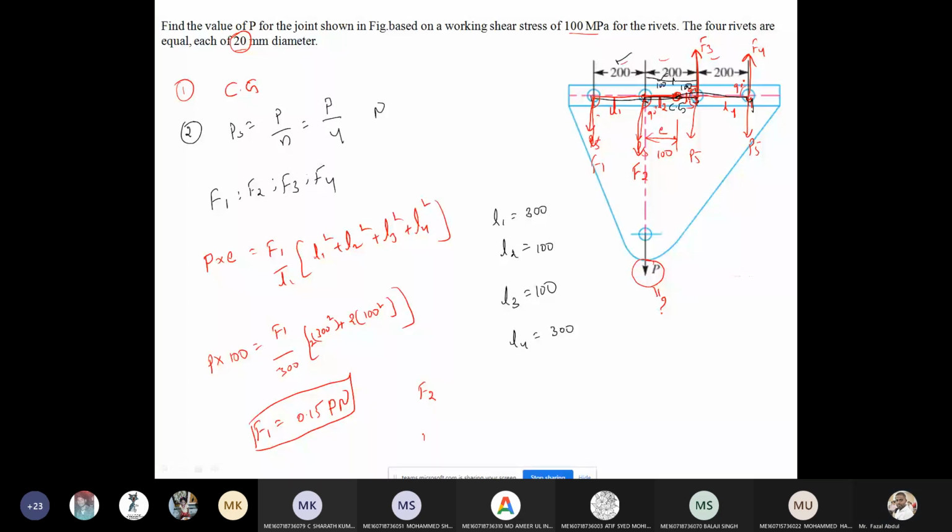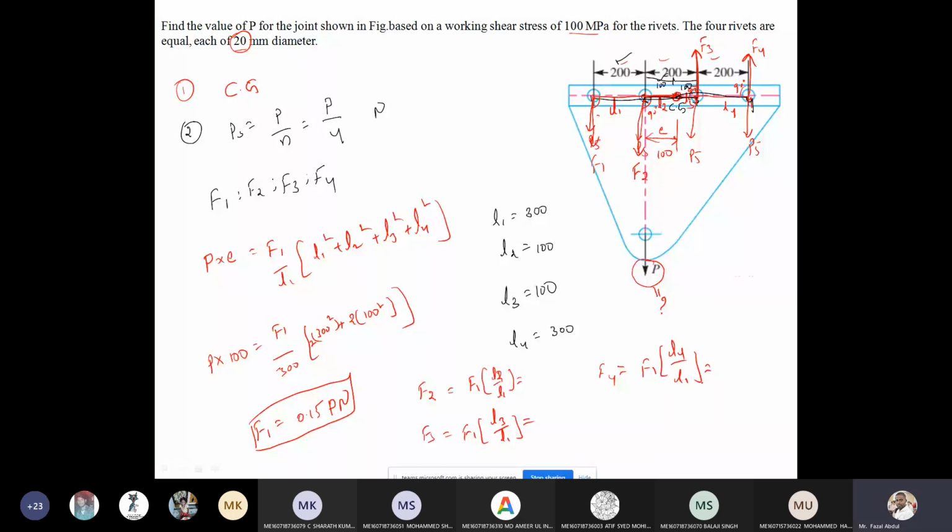In the same manner, tell me F2, F3, and F4. The F2 equation is F1 into L2 by L1. F3 means F1 into L3 by L1. F4 means F1 into L4 by L1.